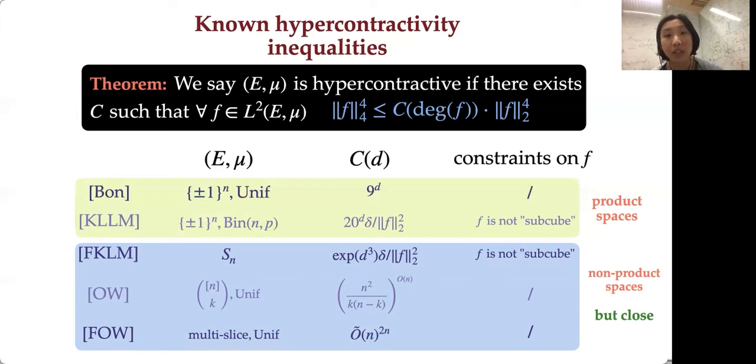The probability distribution is not a product distribution, but in some sense they're kind of close. In what sense, I will talk about later. Although they're not product spaces and therefore Fourier analysis doesn't directly apply and doesn't generalize nicely, people are still able to show that they have hypercontractivity inequalities.